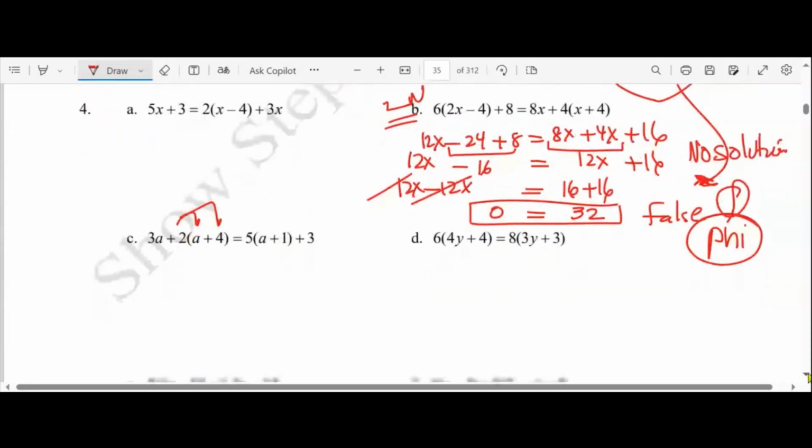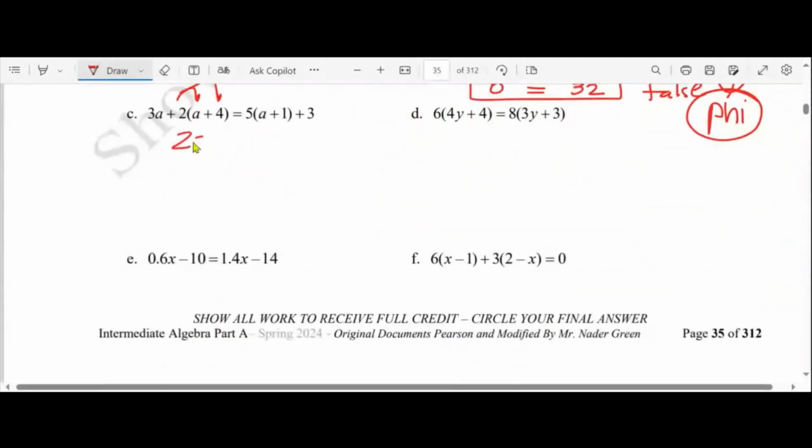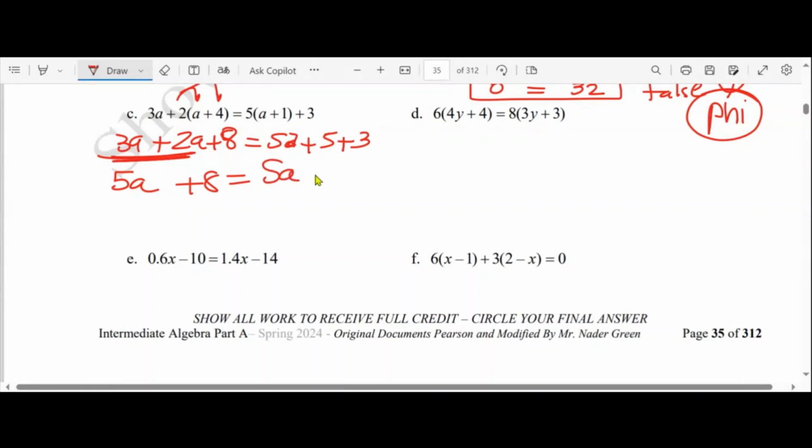If you distribute, what are you going to get? 2a plus 8 equals 5a plus 5 plus 3 plus 3a. Now, if you add this together, what do you get? 5a plus 8 equals what? 5a plus 8. Now, take a look. Both sides are exactly the same.